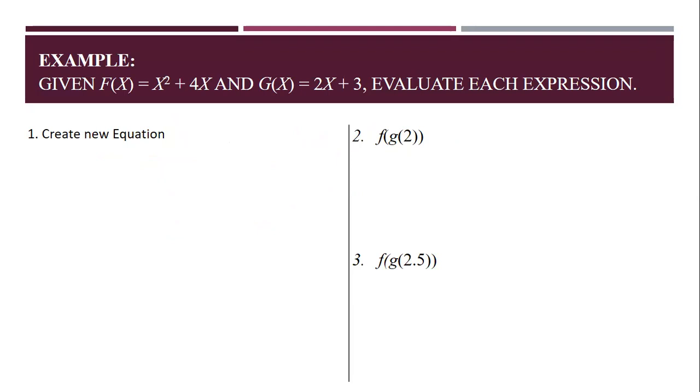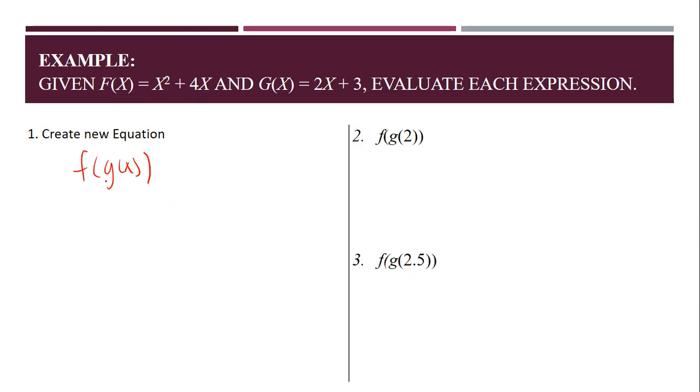So for example here, we have f of x equals x squared plus 4x, g of x equals 2x plus 3. And we're going to be evaluating f composed of g at some numbers, right? So what we're going to be creating is f composed of g at any number. And if I put x, that means it can be any number.